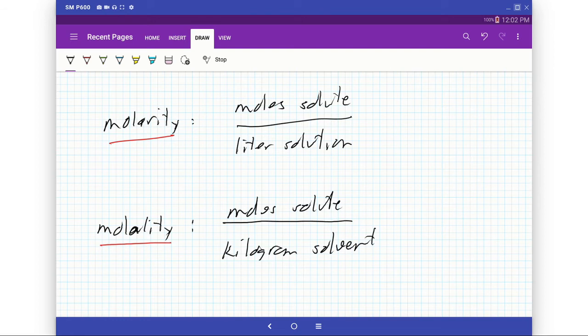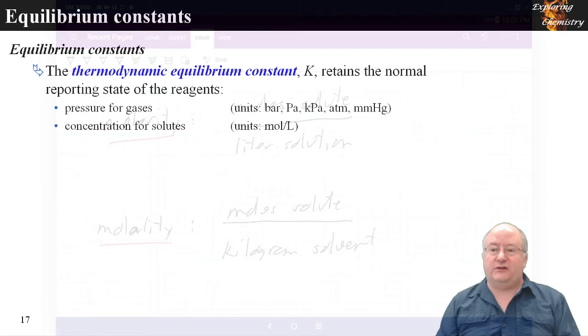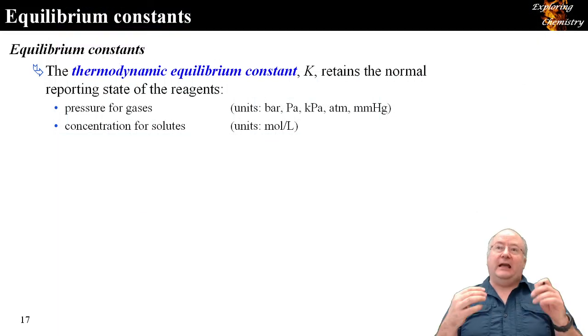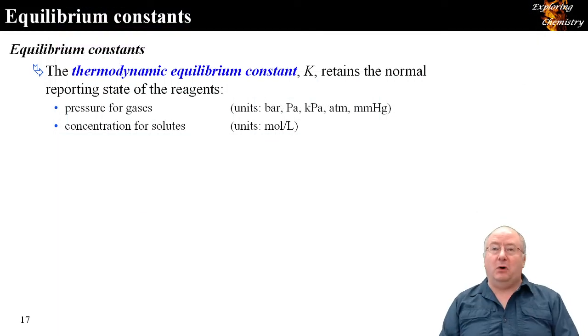We did move to molarity, but I want to caution you or point out that if you are looking up equilibrium constants, and there are books that list equilibrium constants, you will very likely, if it's an older equilibrium constant, it will probably be based on molality, not molarity. If you're working in aqueous solution, it's only a small error.